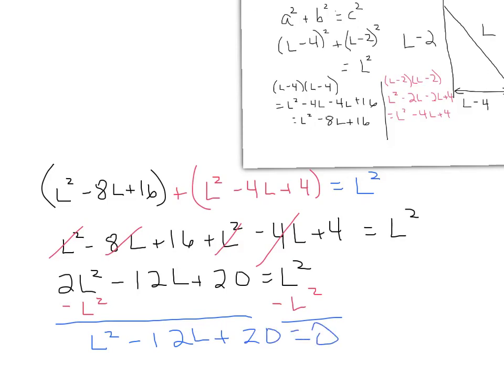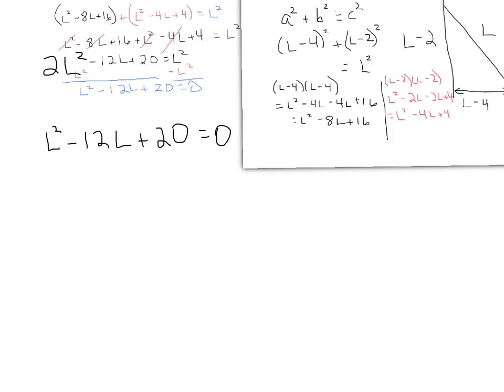So if we can factor this and use our zero factor property, we can find out what the length is. Okay, it's not a perfect square, and there's a lead coefficient of 1, so we can use reverse FOIL. We want two numbers that multiply to give us positive 20 and add to give us negative 12, so that's going to be negative 10 and negative 2.